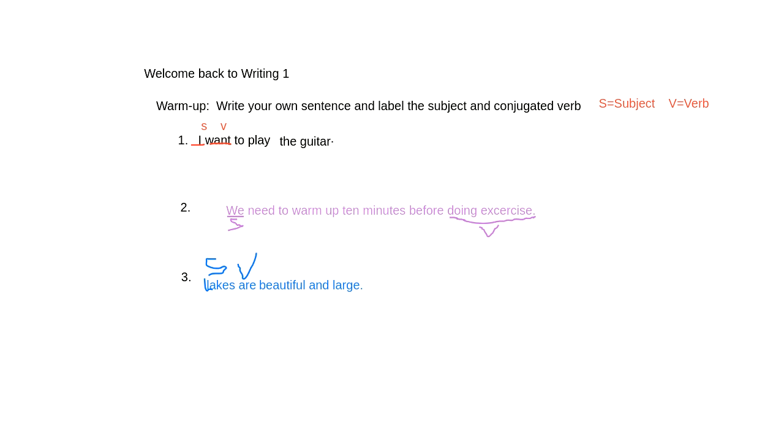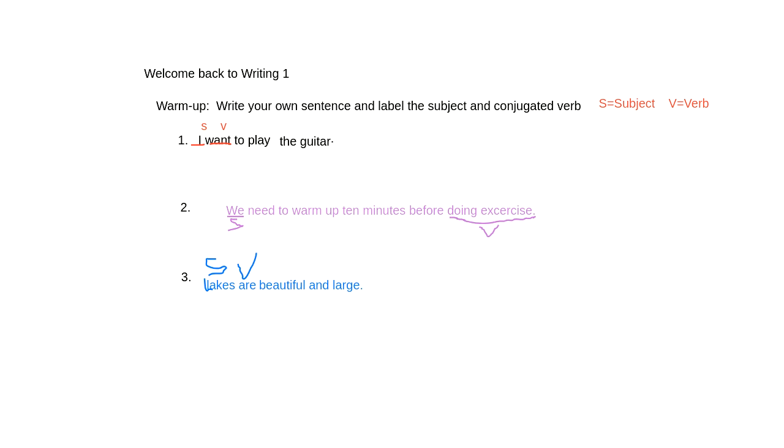That is correct. Okay, so Sammy, can you tell me why you did not pick to play? Why is to play not a conjugated verb? Because it doesn't have a tense. And it doesn't have a tense, okay?